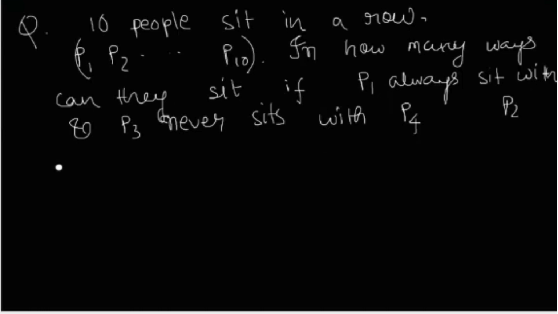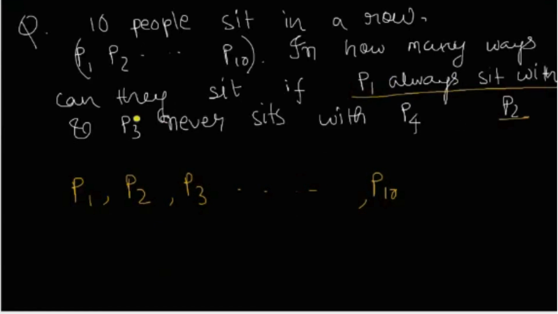So, any idea how we can solve this question? It's simple. You have these 10 people who will be sitting in a row, which satisfies this pattern.